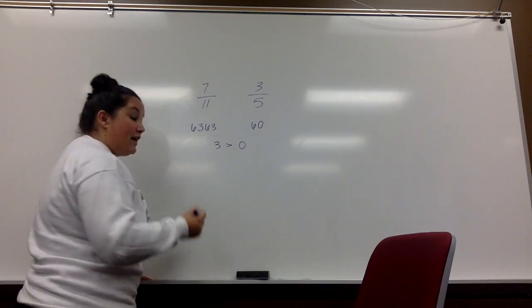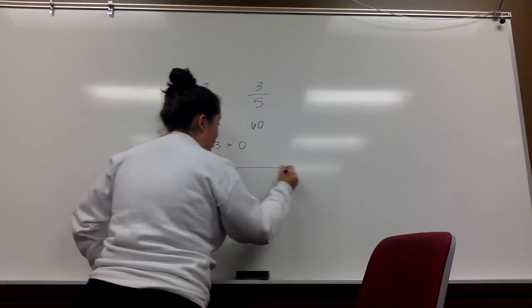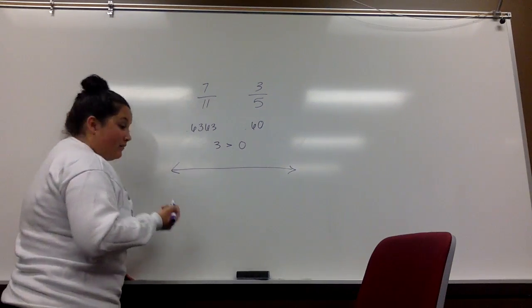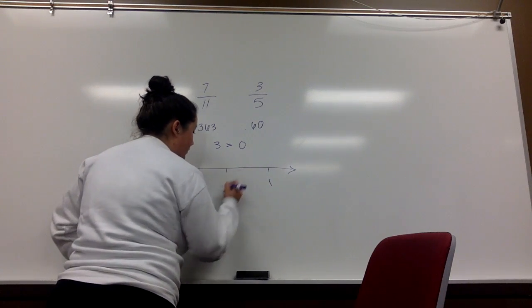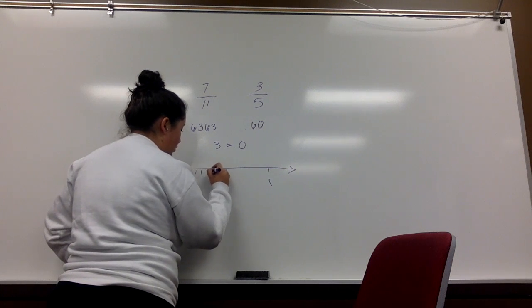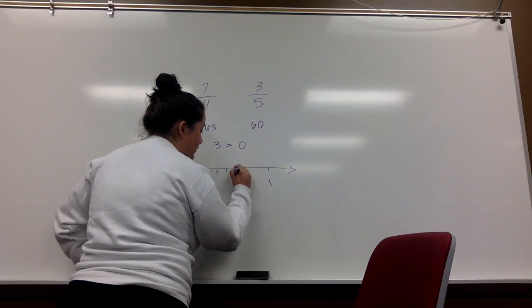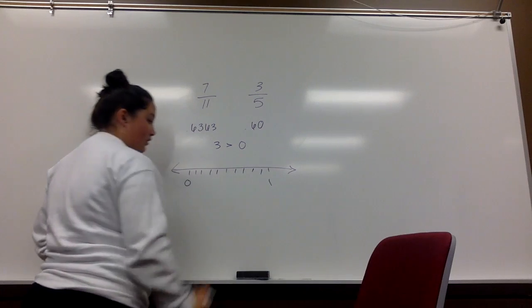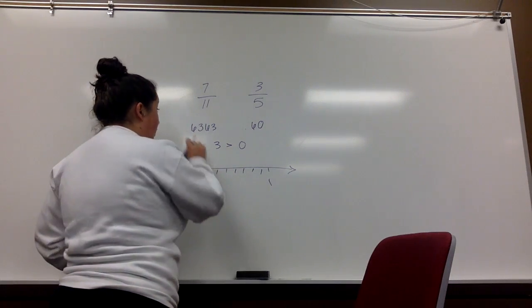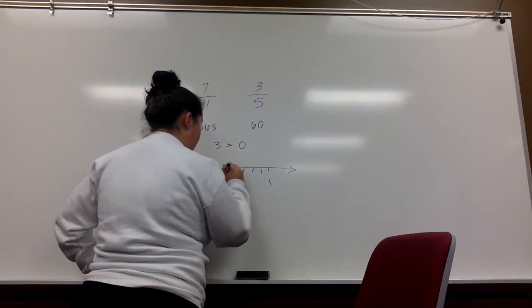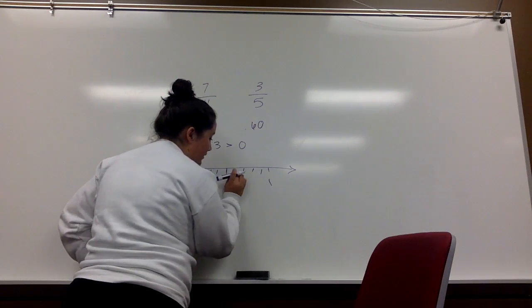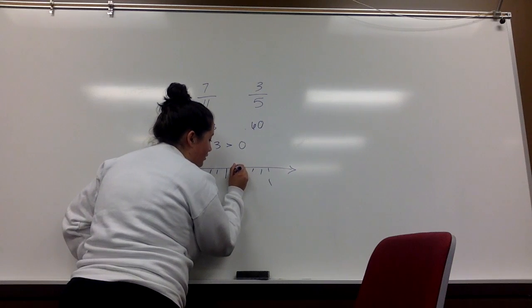And we can visualize this on a number line. So if we have a number line, here would be 0, here would be 1, and we've broken it up into tenths. So 1, 2, 3, 4, 5, 6, 7, 8, 9, 10. Okay? We go over to 6/10. 1, 2, 3, 4, 5, 6/10, that would be this fraction.